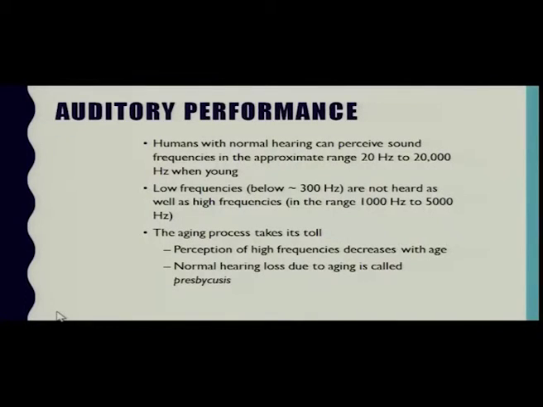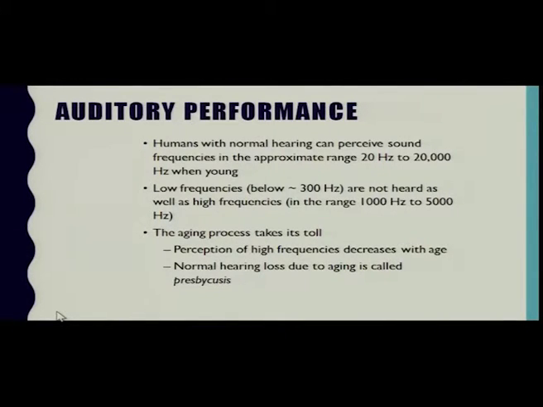There are different components of the ear, and the basic mechanism through which sound waves enter the ear, go through various paths inside the ear and finally go to the brain for interpretation. That we discussed in the previous lecture, and now we will start with auditory performance.